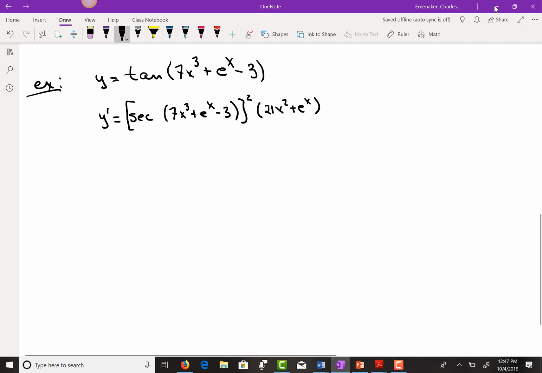No. One of the things I do want to point out to you, the way it's written here means something very different from leaving those brackets out. If the brackets are left out, now it's getting squared. Yeah, only the 7x cubed stuff, not the secant. So you've got to start to be very mindful of where you put your brackets.